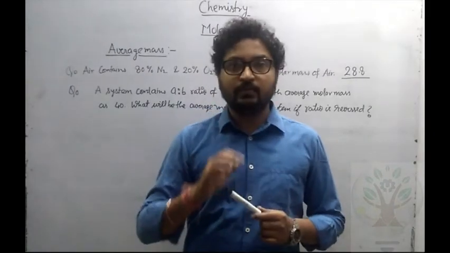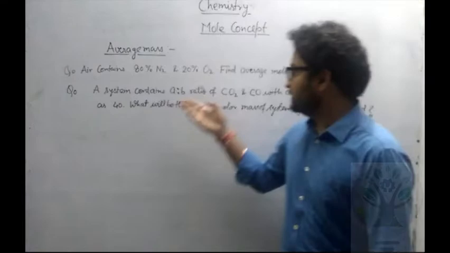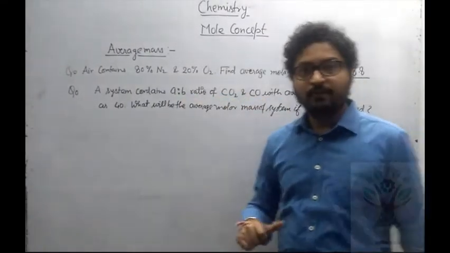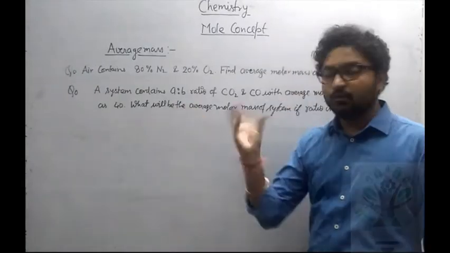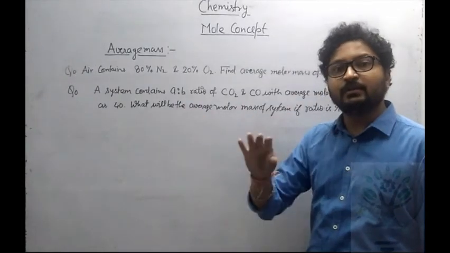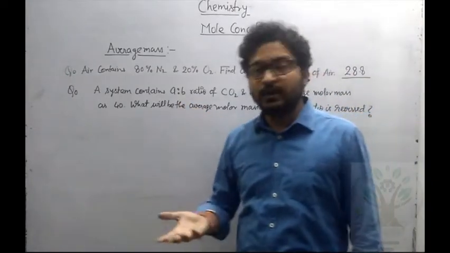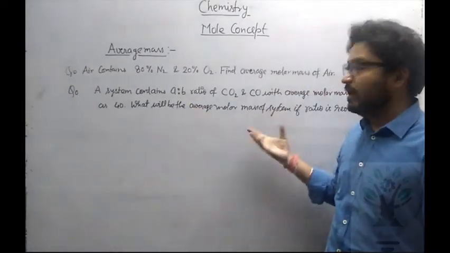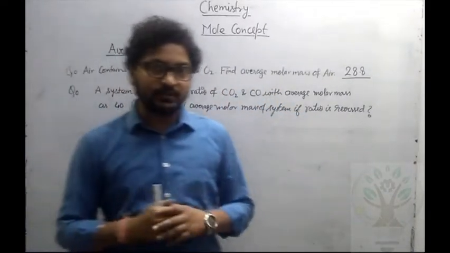So tell me one thing, is the question clear or not? A system contains an A:B ratio of CO2 and CO. They are asking the average molar mass, if it is 40, and if we reverse the ratio, reversing means let's make the ratio B:A now. Earlier it was A:B, now make it B:A. So what will be the new average molar mass of the system? Give it a try by pausing the screen.